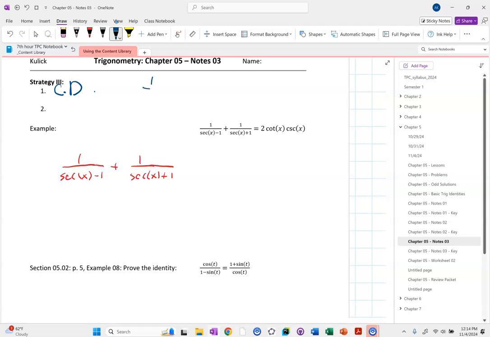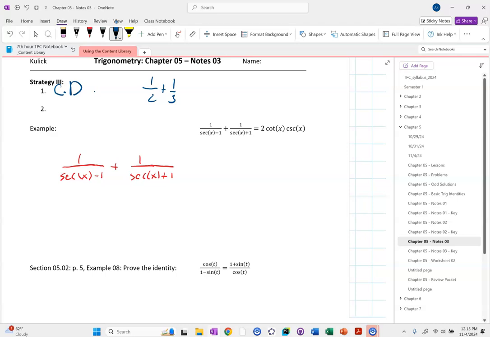Okay. What if it was 1 over 2 plus 1 over 3? What would the common denominator be? 6, right? How'd you get 6? Okay. Let's do the same idea here. The common denominator would be secant x minus 1 times secant x plus 1.